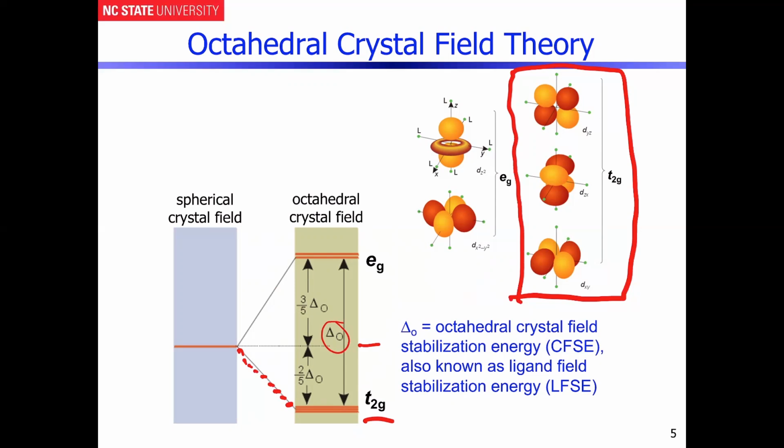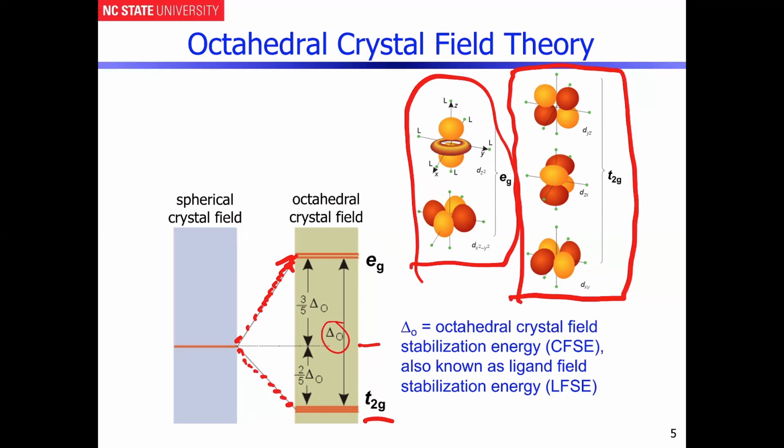And then the more repulsed orbitals are the EG set, and that's because, again, they're directed along the bonding axes. So those get repulsed in an octahedral crystal field, and those get raised up in energy as a net result, by an amount that's 3/5 del O. Instead of saying delta O, we call it del O for short, O for octahedral.